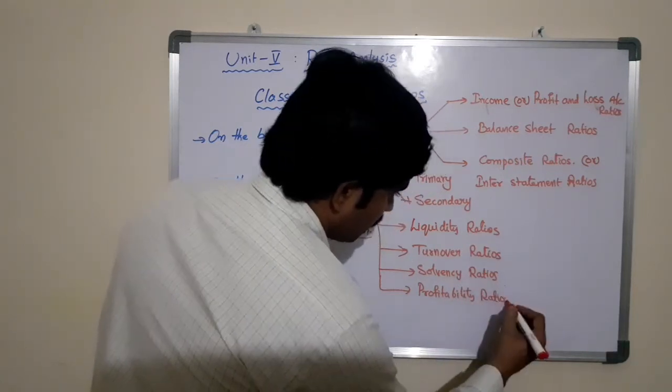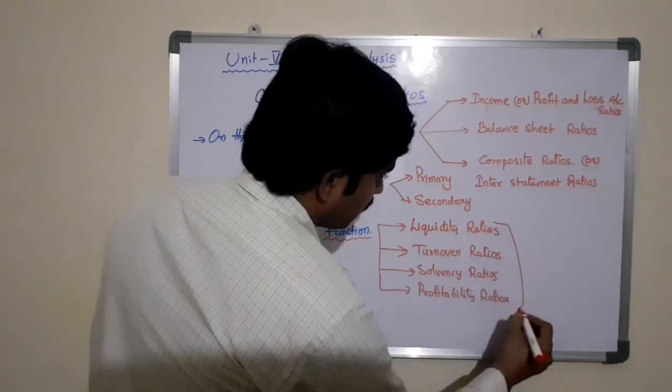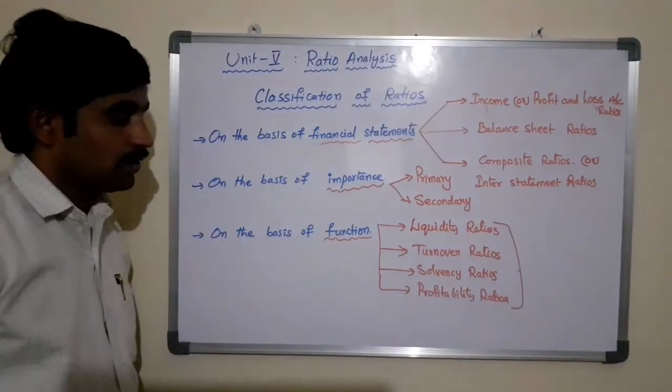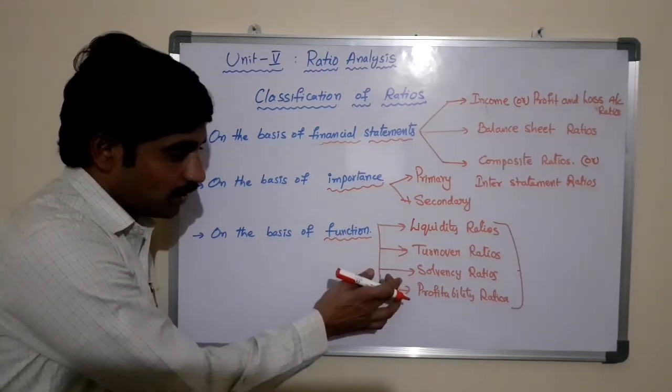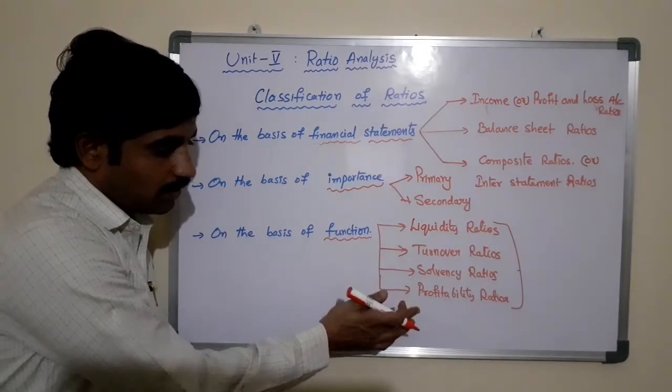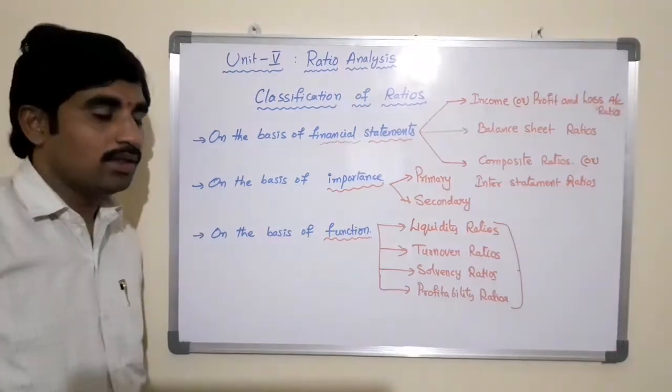Based on the functions, these are the ratios that we calculate: liquidity ratio, solvency ratio, turnover ratio, and profitability ratio.